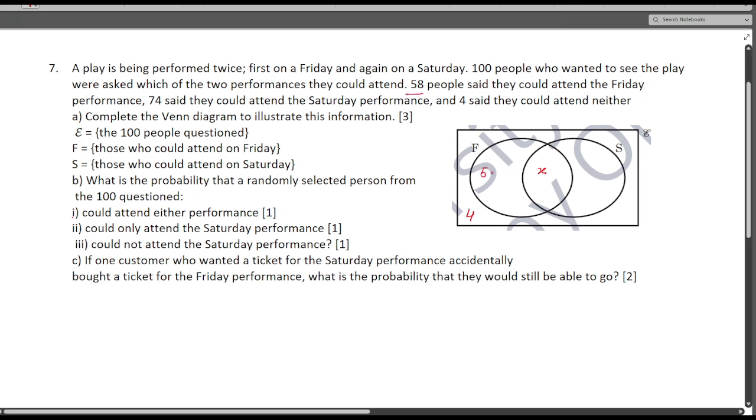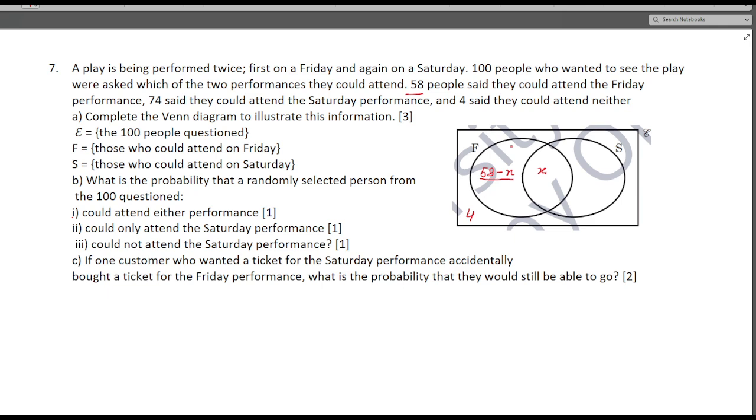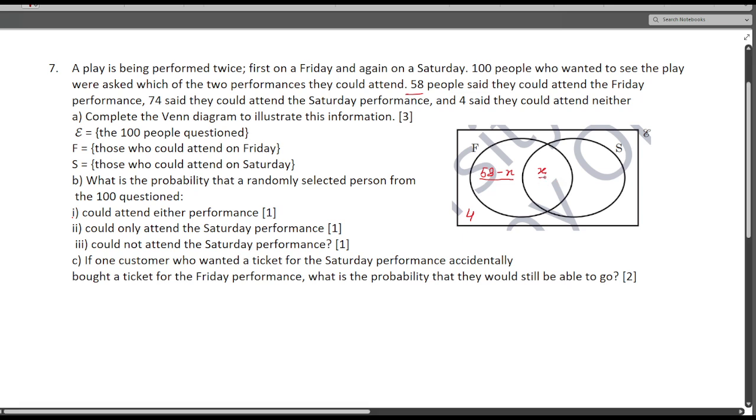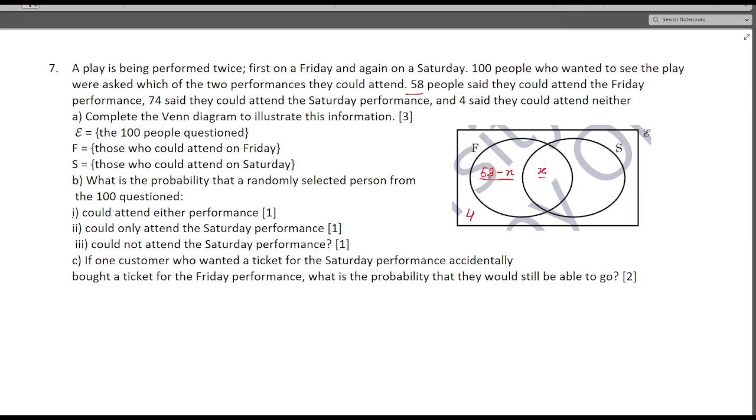So here 58 minus X will be the number of people who can only attend on Friday. This X can attend on Friday or Saturday, so if I add this X here, the total number of students attending on Friday will become 58.